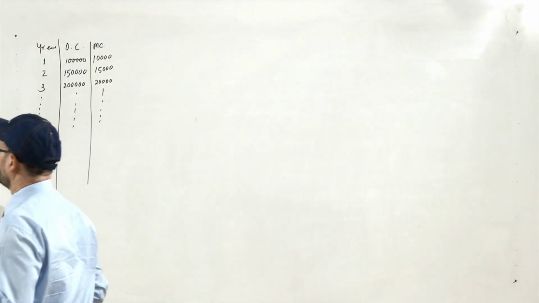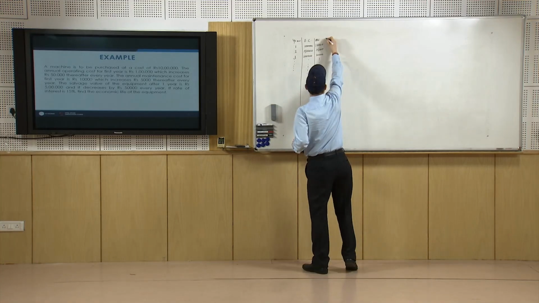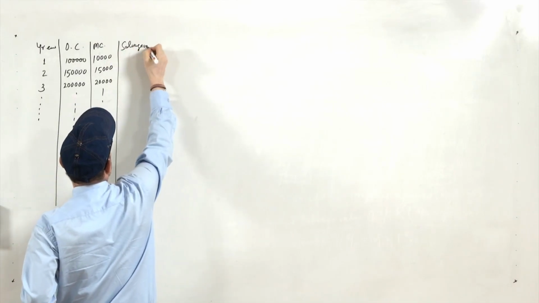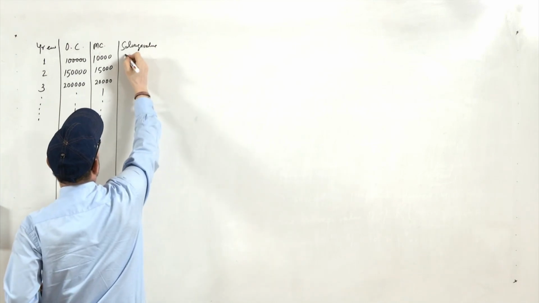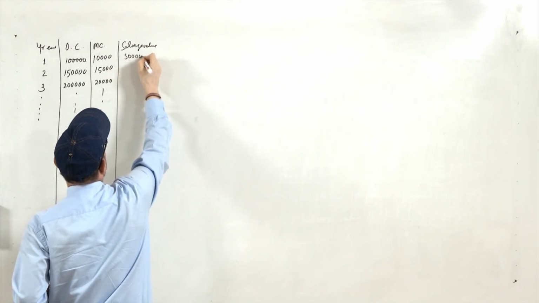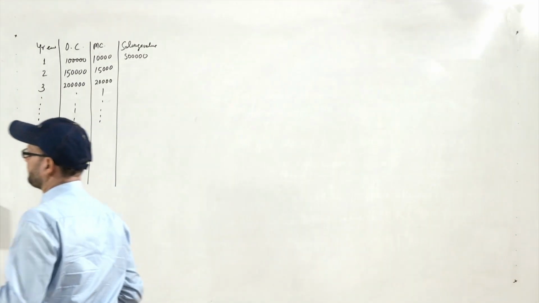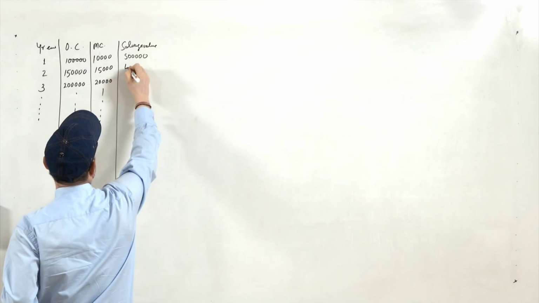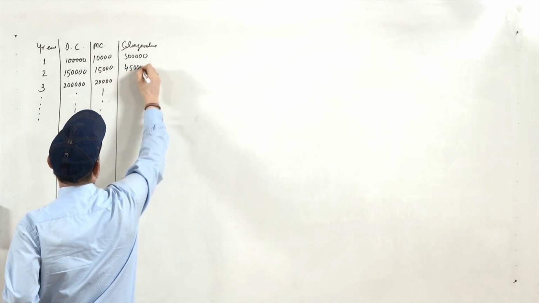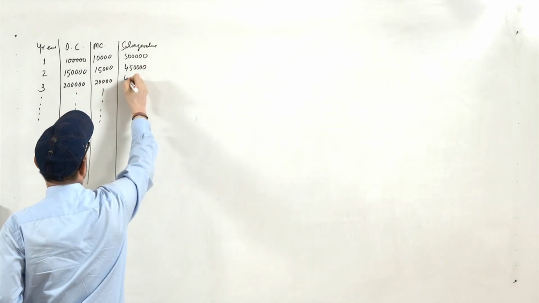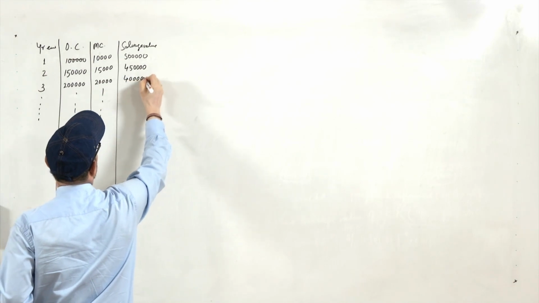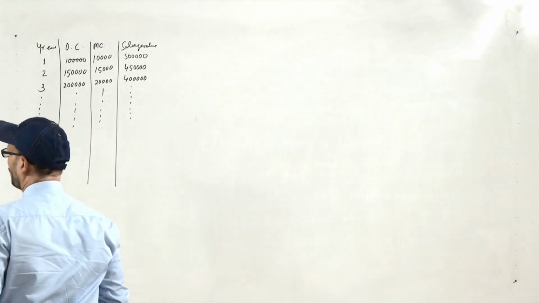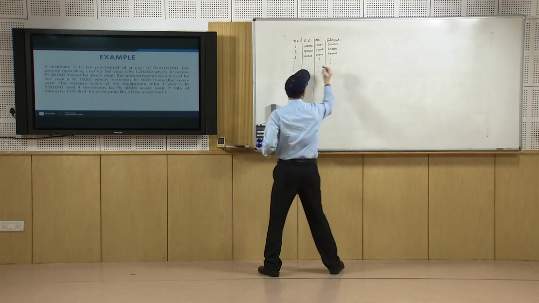Salvage value is 5 lakh and it is decreasing every year by 50,000. So, next year it will be 450,000, that is 4,50,000, then 4 lakh, and this way. Now, we have to find the AEI. Suppose at n years the AEI is minimum.